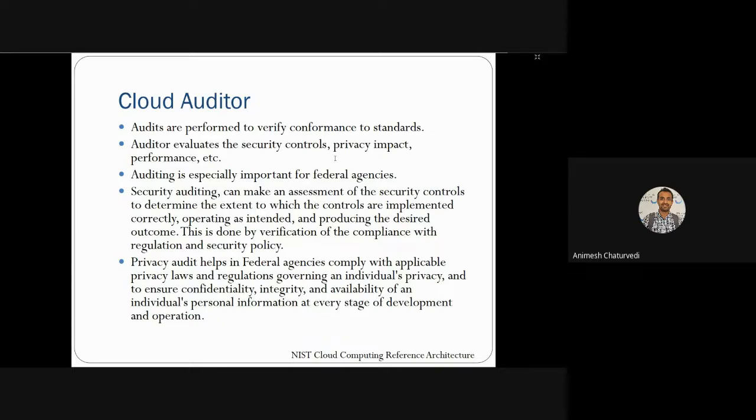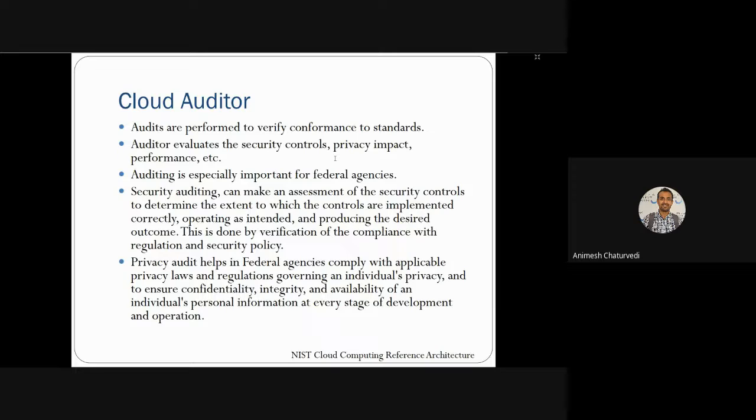Then security auditing can make an assessment of security controls to determine the extent to which a control is implemented. So how many controls are there for providing security features, whether they operate independently, and whether they can produce the desired outcome or not. There are various verification and compliance of regulations in such security auditing, and security policies are there.